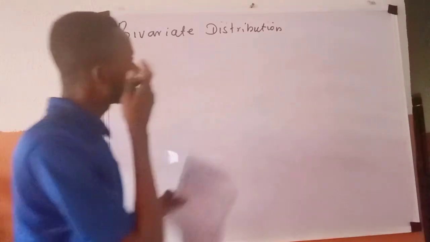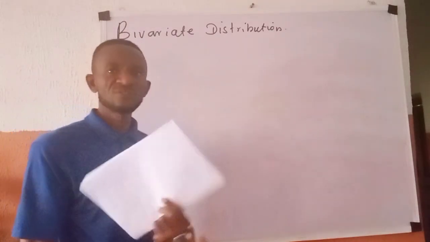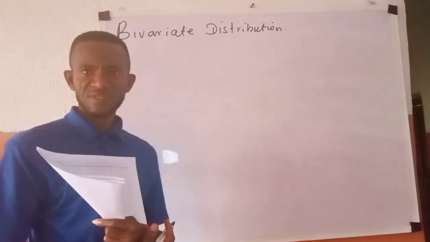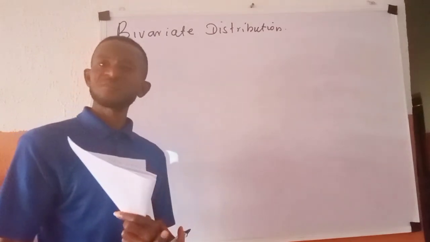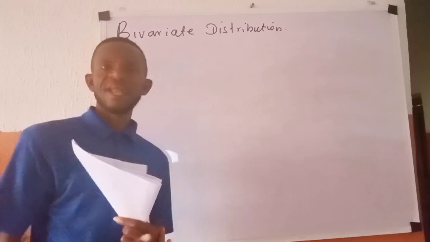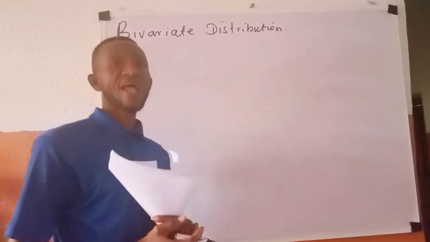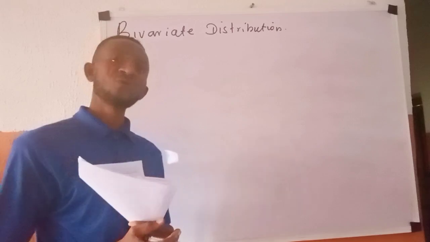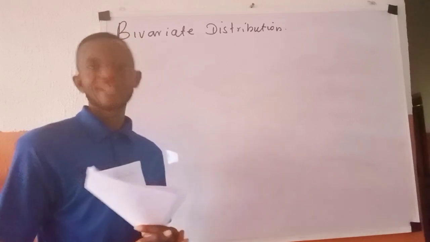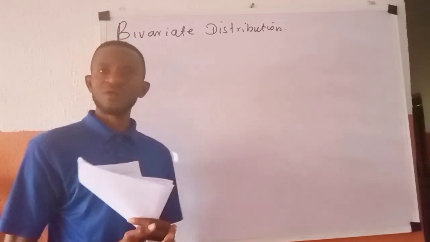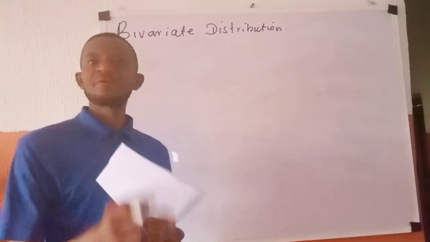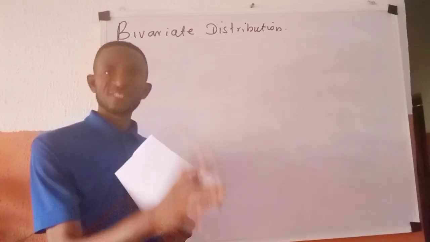And then, of course, this bivariate distribution can be of two forms, in the sense that the random variables x and y involved can either be both discrete or both continuous. In that case, we have what we call bivariate discrete distribution and what we call bivariate continuous distribution.